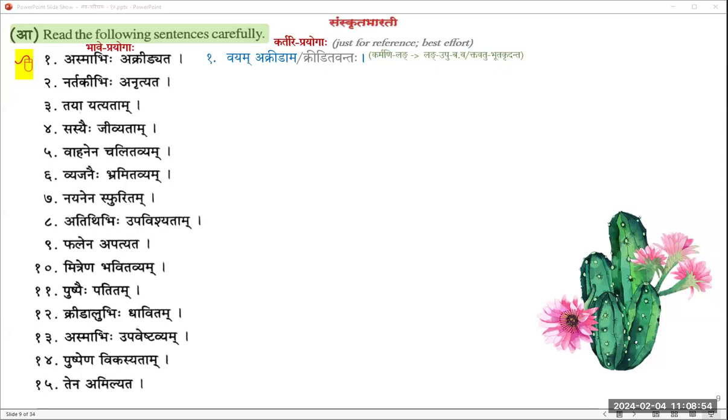It doesn't come into picture for Tingantas, but it comes into picture for Ktantas. That's why you cannot use Kridita. Kridita can be used potentially if Creed was a Sakarmaka Dhatu, then you could have said Kridita. But since Sanskritam doesn't allow Creed Dhatu to be Sakarmaka, it is illegal.